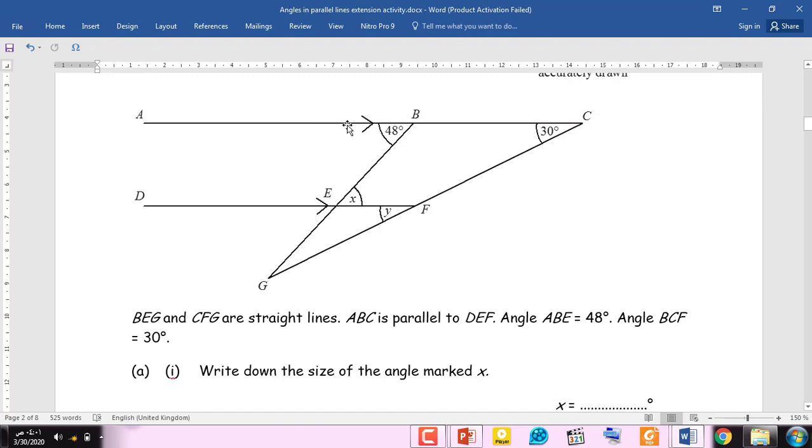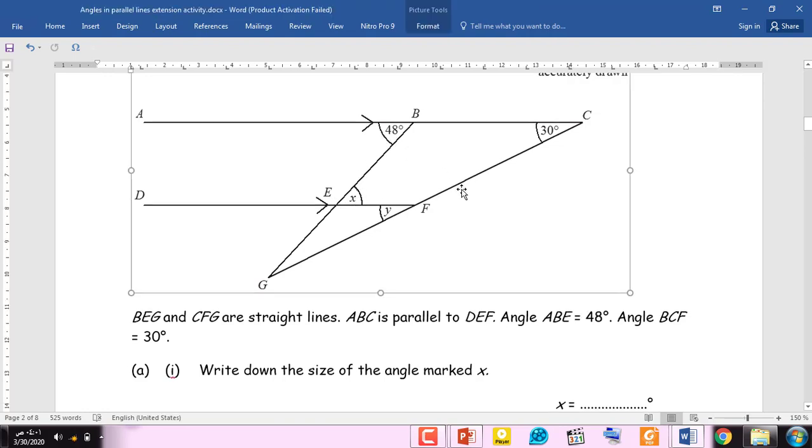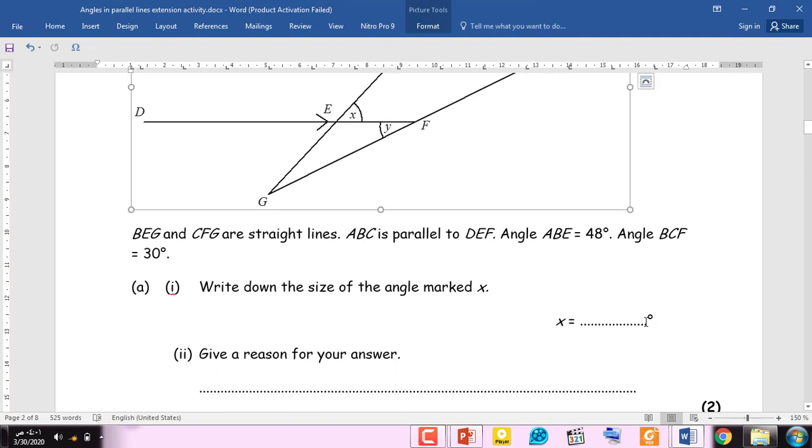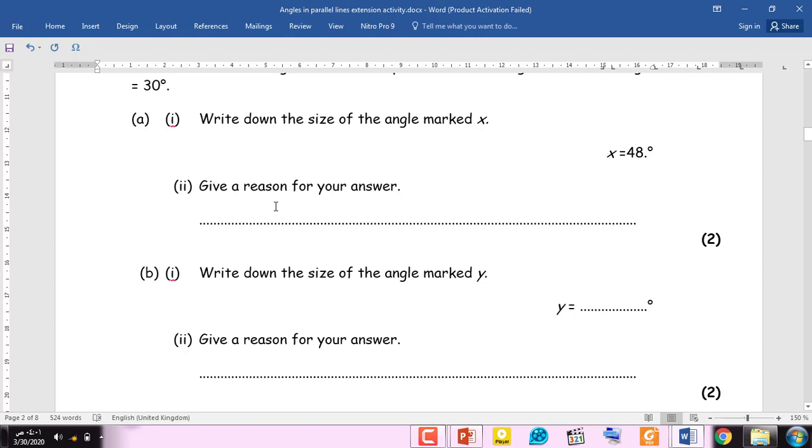Absolutely yes, we can make Z. So the X will be 48 because X and 48 are alternate angles. Give a reason for your answer: because they are alternate angles.